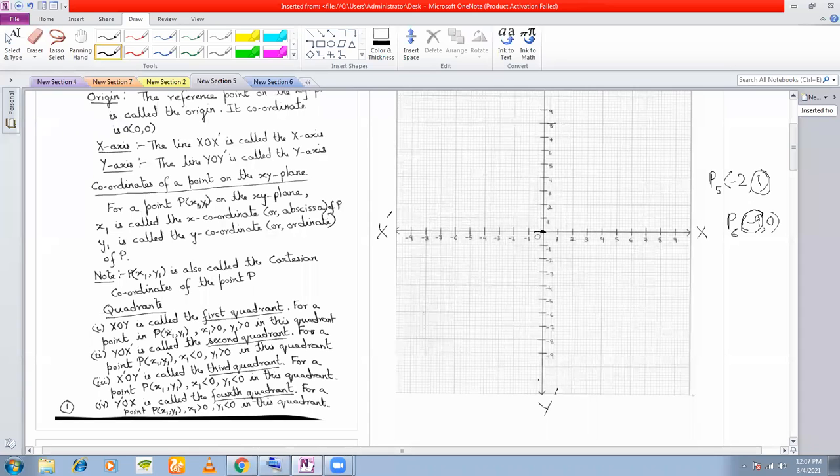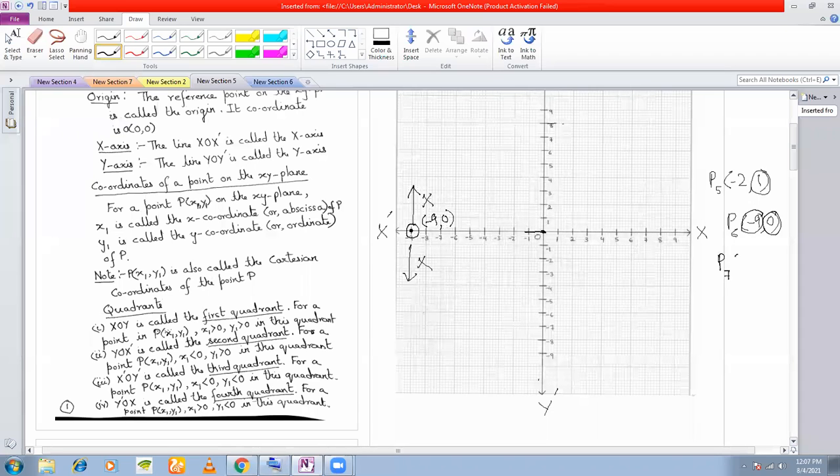We reach -9 and we stop here. Next, we see the y coordinate. What is the y coordinate? 0. That means we cannot move up, and we cannot move down also, because the y coordinate is 0. So this point is (-9, 0). Clear?